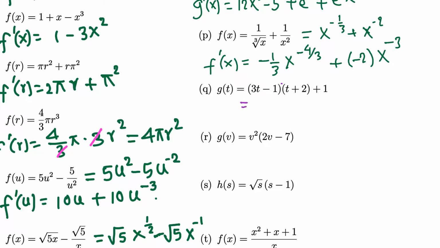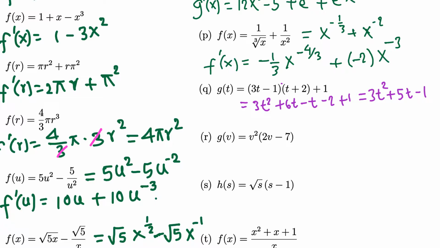That is 3t times t, 3t squared, 3t times 2, 6t, minus t, minus 2, and outside is plus 1, which is in fact 3t squared plus 6t minus 1t, plus 5t, and minus 2 plus 1 is just minus 1. Okay, so we simplified this function. Now we can easily find the derivative.